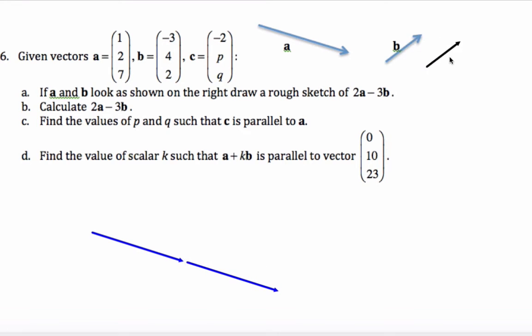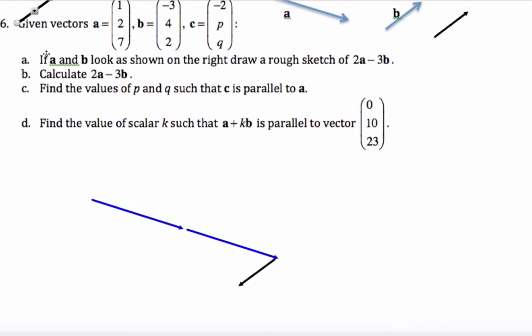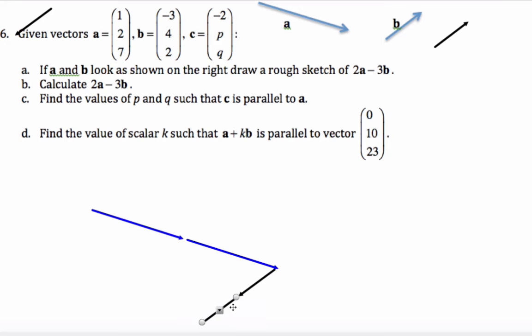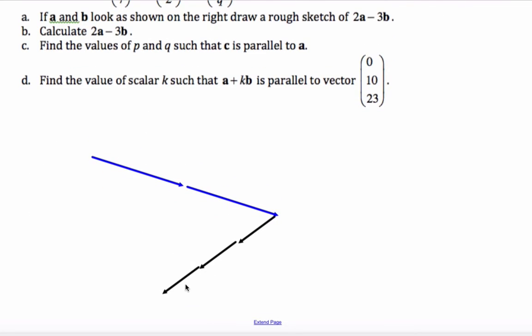If I want negative B, I'm going to take that, put it here, and copy, paste. I have 3 of them. I can see what it's going to look like. Here are my vectors, and roughly speaking, if I do it in red now, there's my resultant vector there.